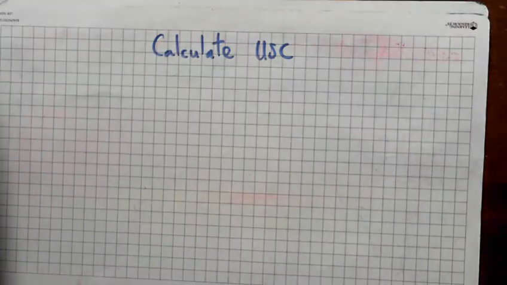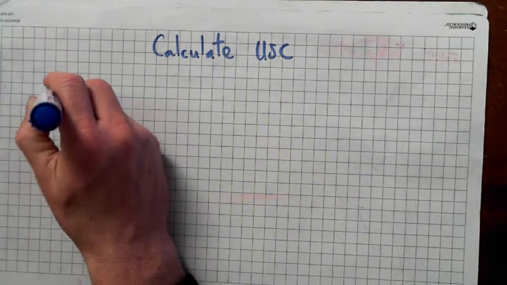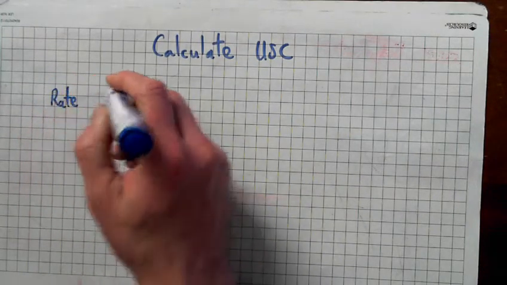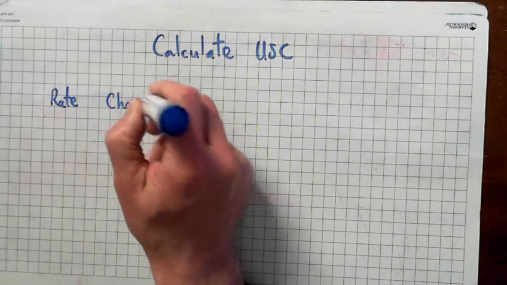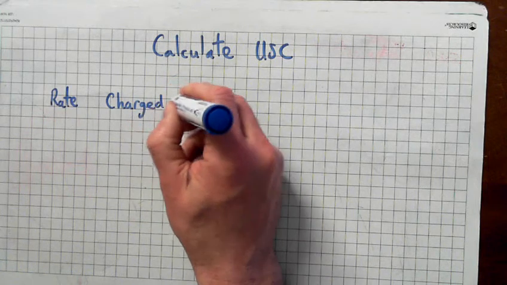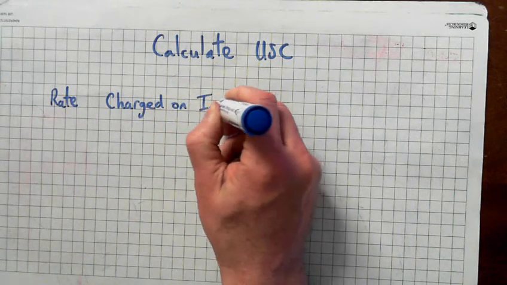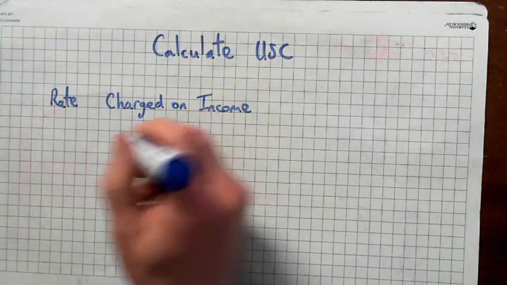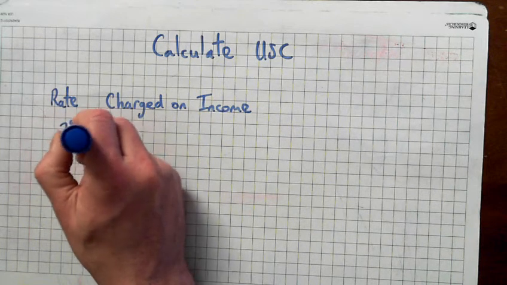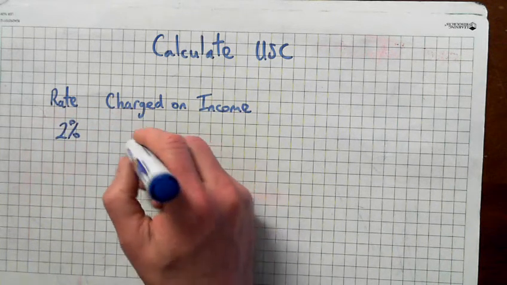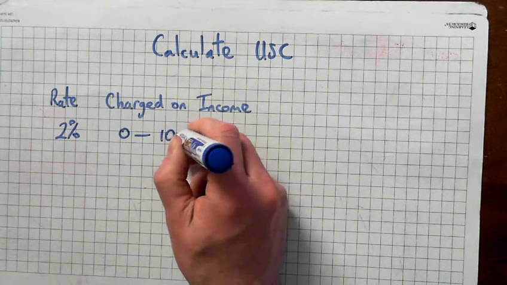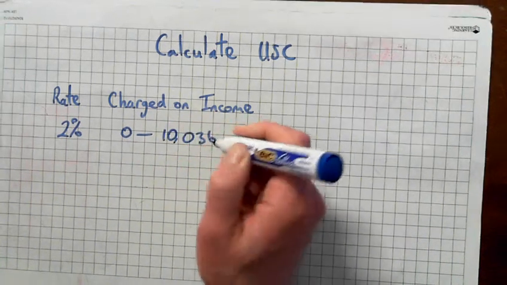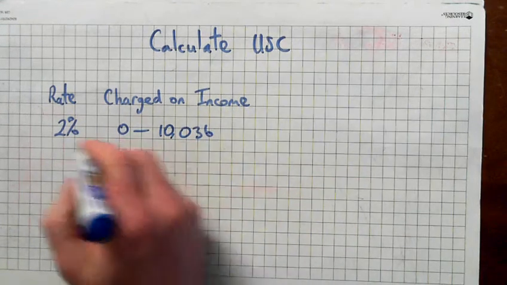All right. So if I was to write down the table, this is the rate charged on income. So you pay 2% on the first 10,036. Now you'll be given this in the question.